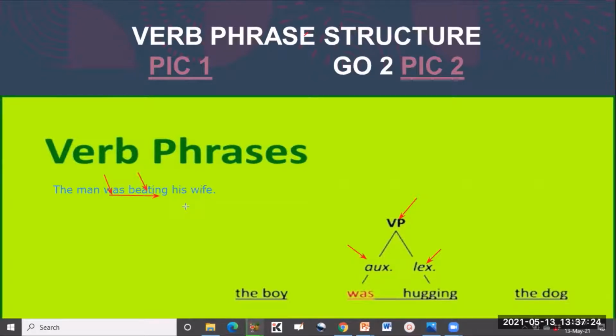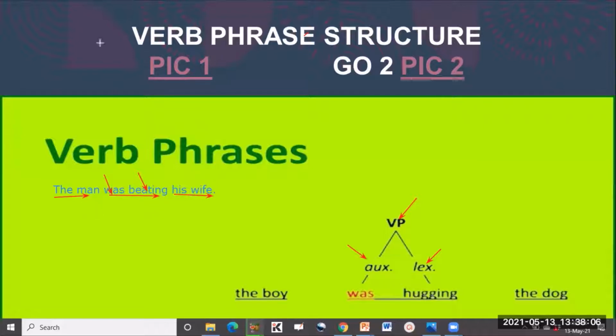The man was beating his wife. The boy was hugging the dog. All right, so here, this is the subject, this is the verb, and then this is the object. So we have the SVO structure of the sentence. All right. So when we look at this, we discover that we have a subject, verb, object. All right. So that is exactly how the verb phrase functions within the sentence structure.